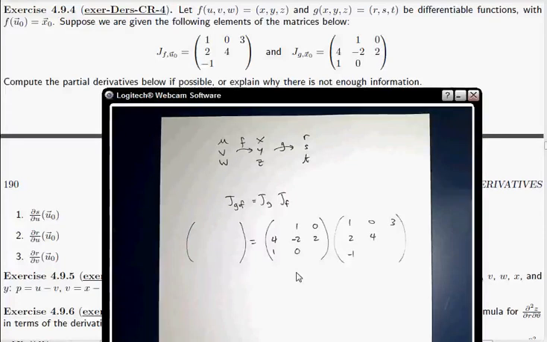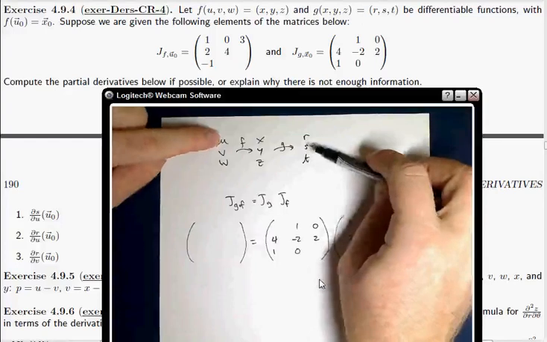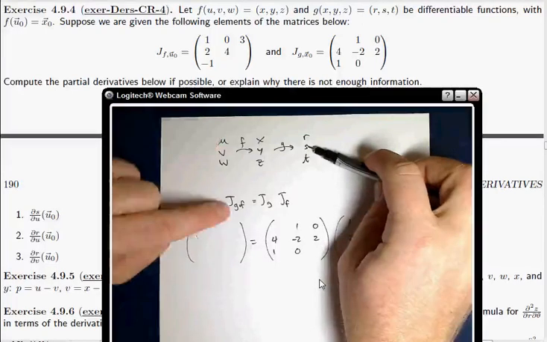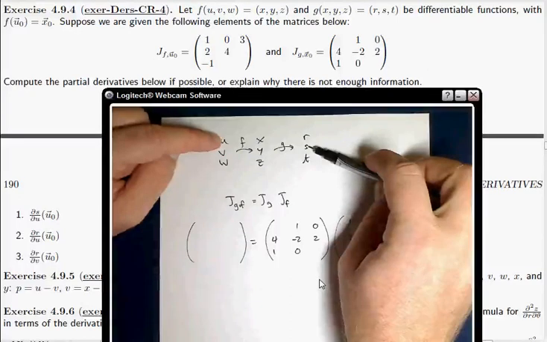Okay, so problem 1 down here. Can I compute the partial of S with respect to U? I want to compute the partial of that with respect to that. Now, that's going to be an element in this Jacobian matrix because it's a partial derivative in the composition.